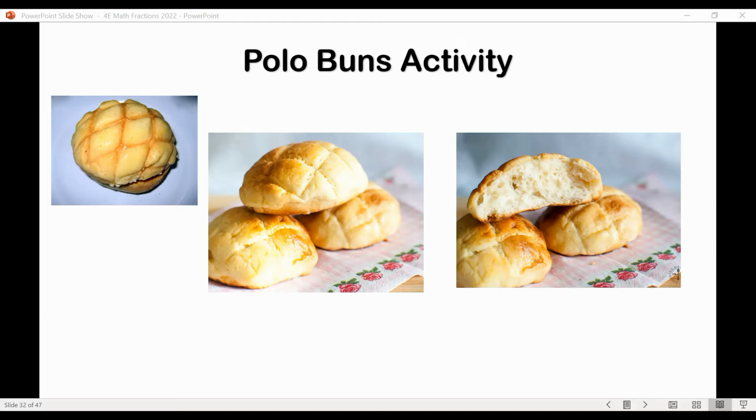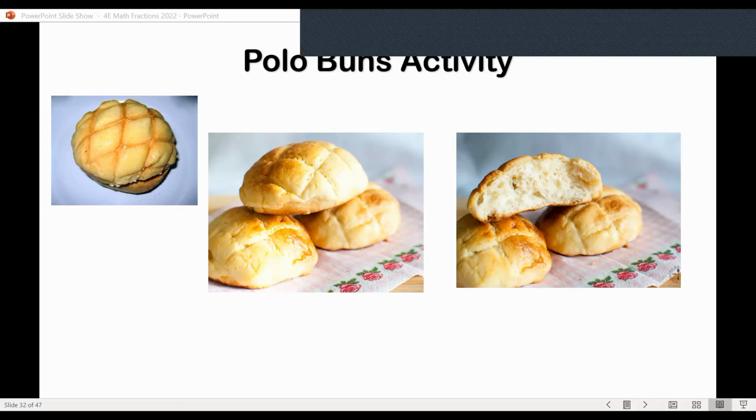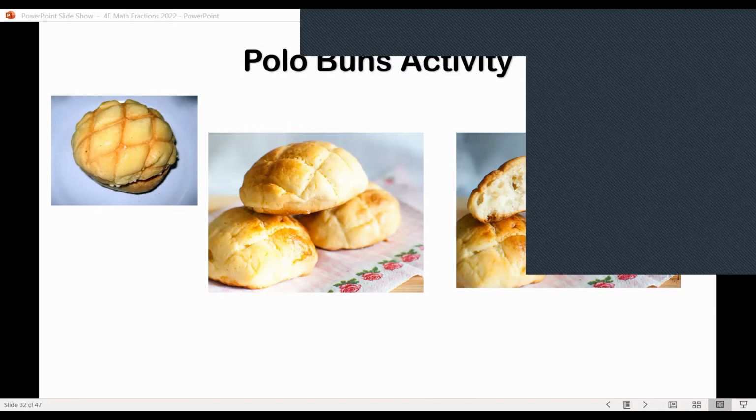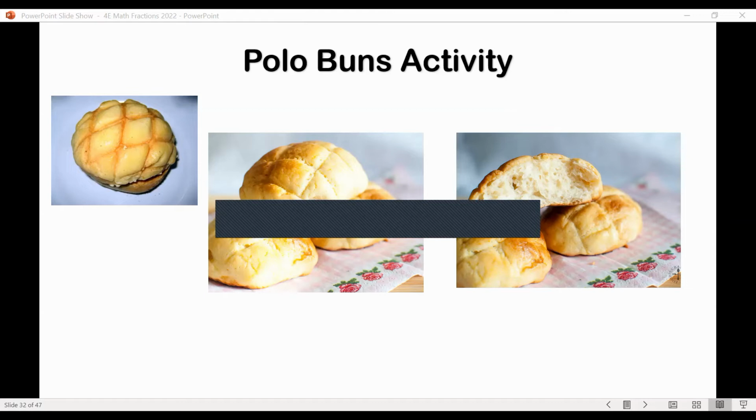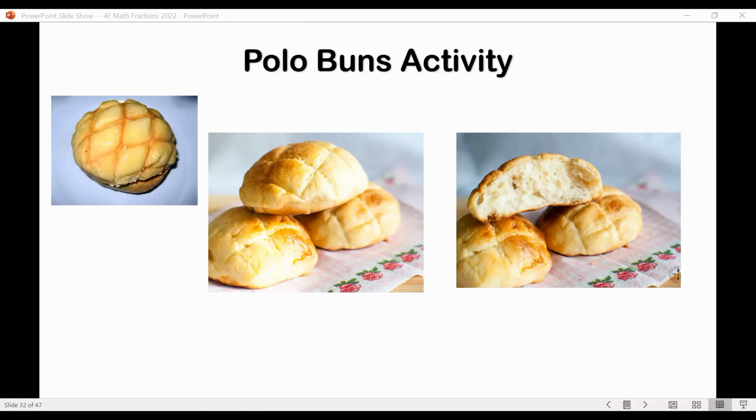The paper we are using is this giant paper, so we need to join about 4 tables so that we have enough space for the giant paper. What are we doing with the giant paper? We are going to stick polo buns to this paper.